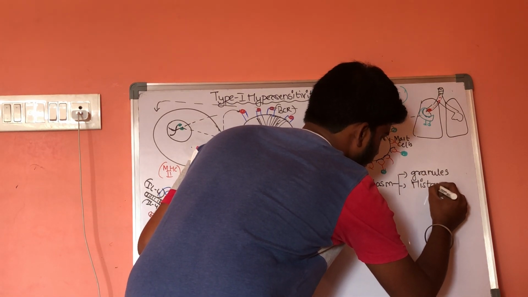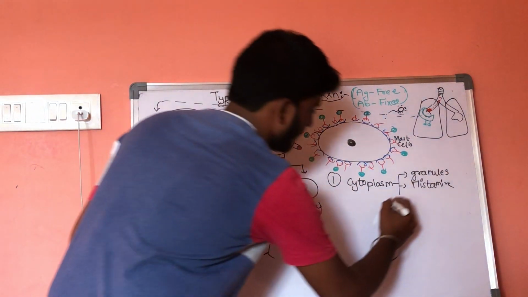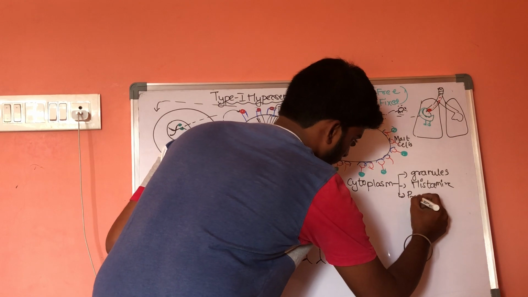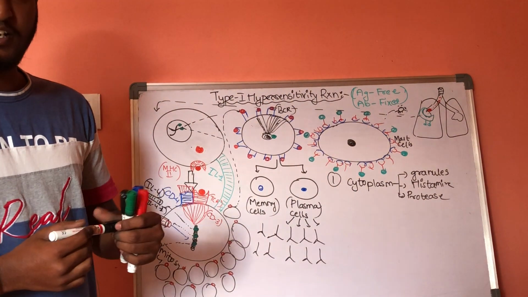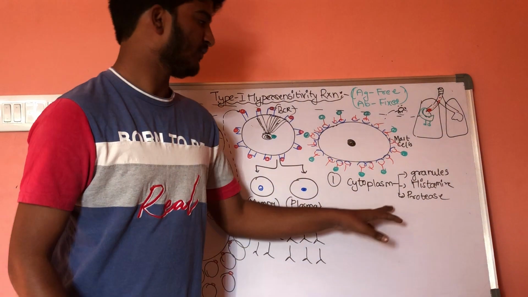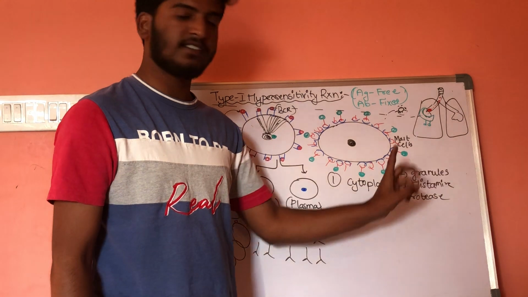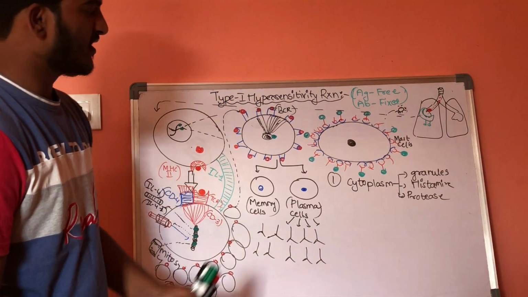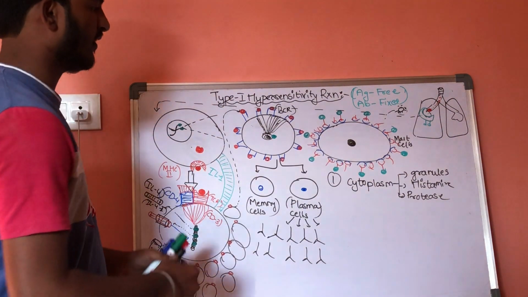Whenever the cytoplasm is denatured, it involves expelling of the granules, histamines, and protease. So this is the first pathway through which it will damage the antigens.